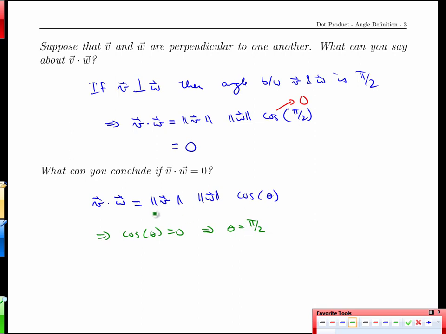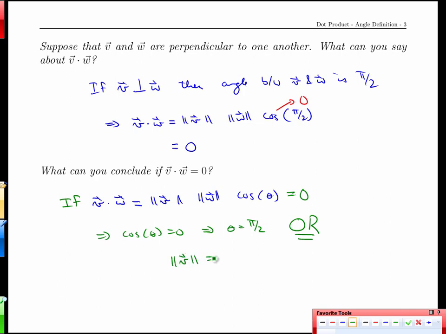If we take a look at this expression here, is there any other choice? Yes, there certainly is. So it's possible, if you see a dot product that equals 0, that the cos term could equal 0, or either one of those other lengths could equal 0.